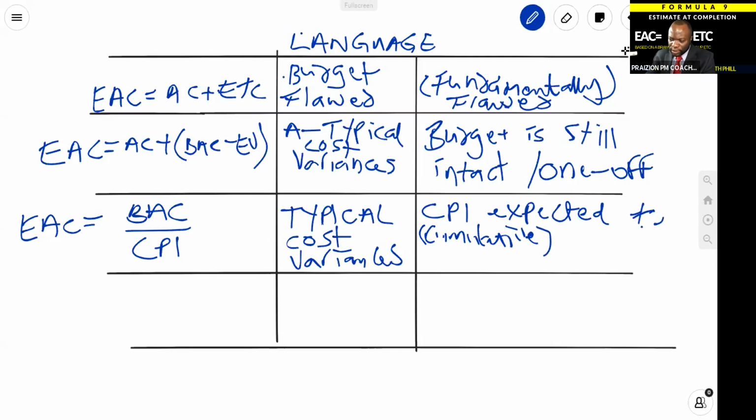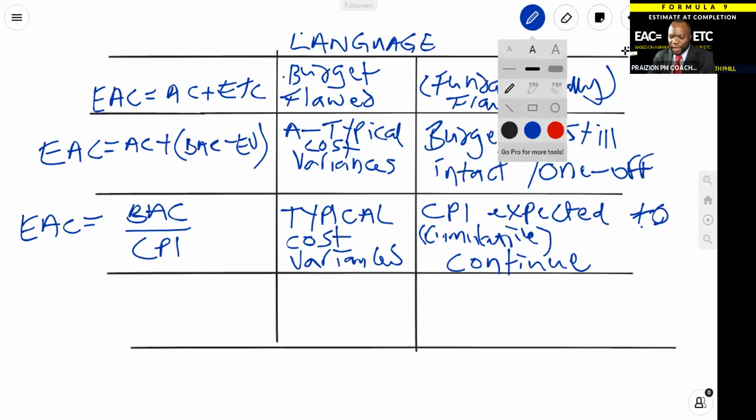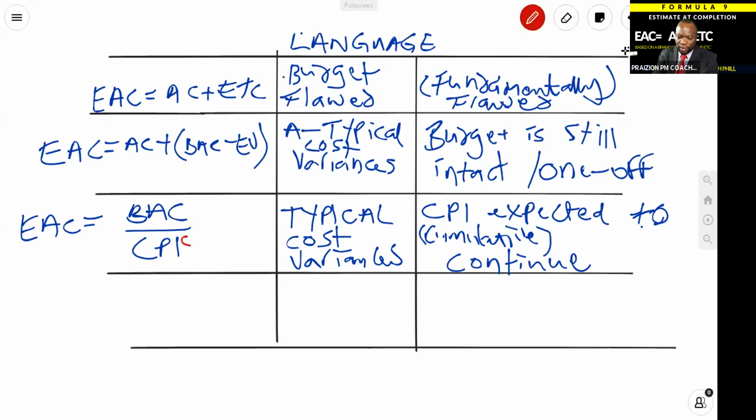Oh, this is a really bad pen. Okay, cumulative CPI expected to continue. It's very important that whenever you see the CPI, just remember that it's cumulative, meaning it's from inception to date.